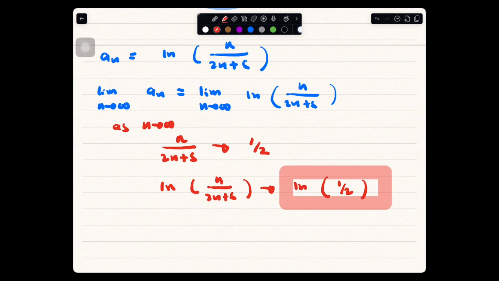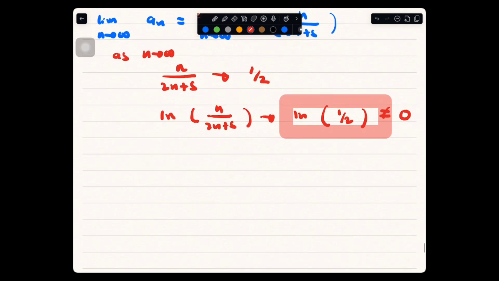What do you guys know about the natural log of 1/2? It's not equal to 0. Since it's not 0, what do we know? You just showed as n goes to infinity, an goes to the natural log of 1/2, which is not 0.